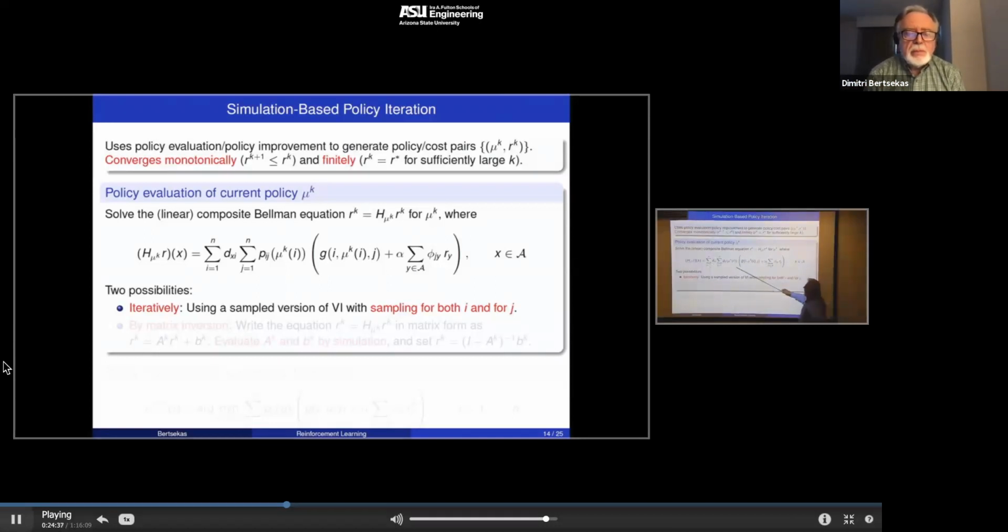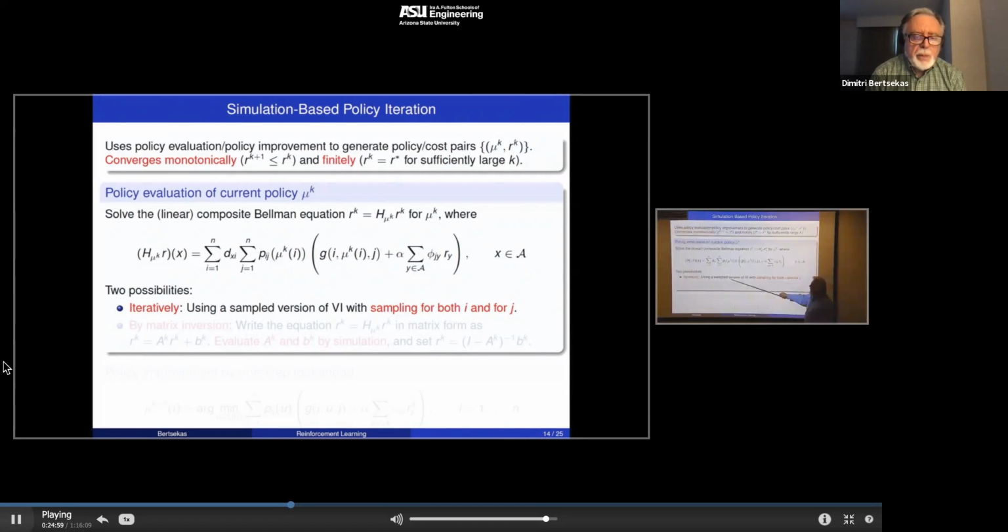And notice now this right-hand side does not involve a minimization. It involves the disaggregation probabilities. It involves the transition probabilities of the policy, okay? And it involves also the aggregation probabilities here. And so how do I solve this policy evaluation problem?